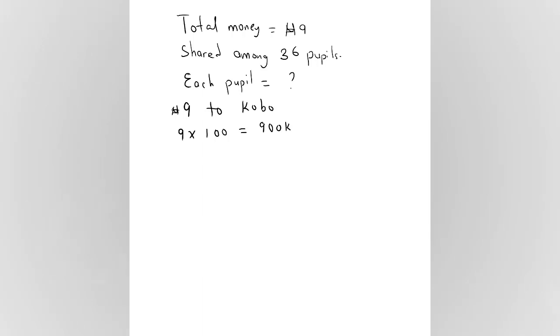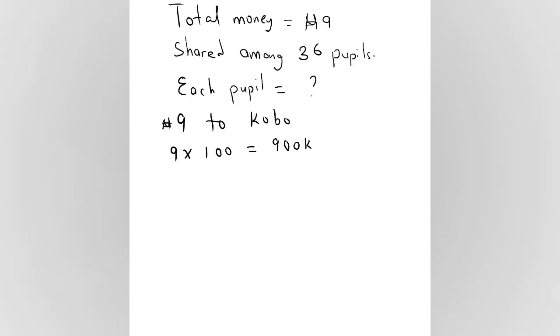Since we have 900 kobo, for you to know how much each pupil will get, we divide 900 kobo by the total number of pupils, 36.